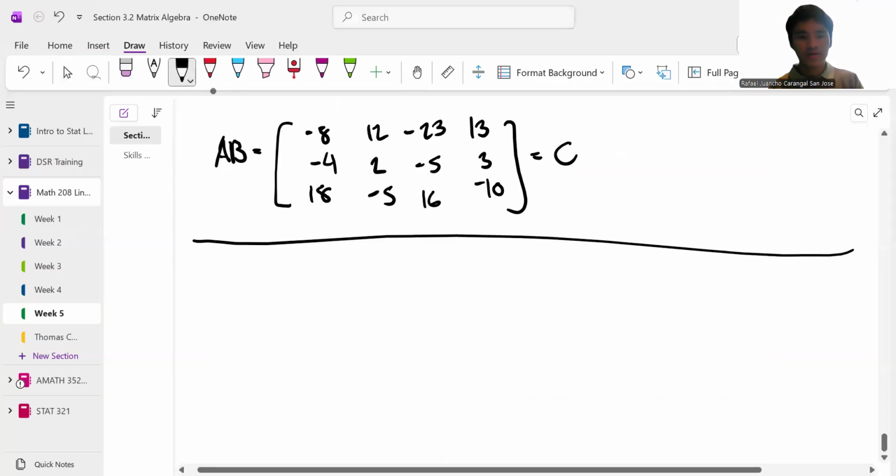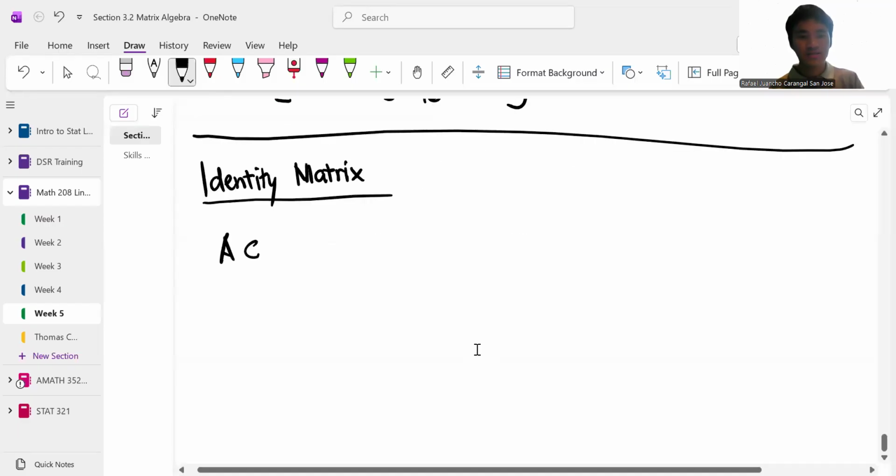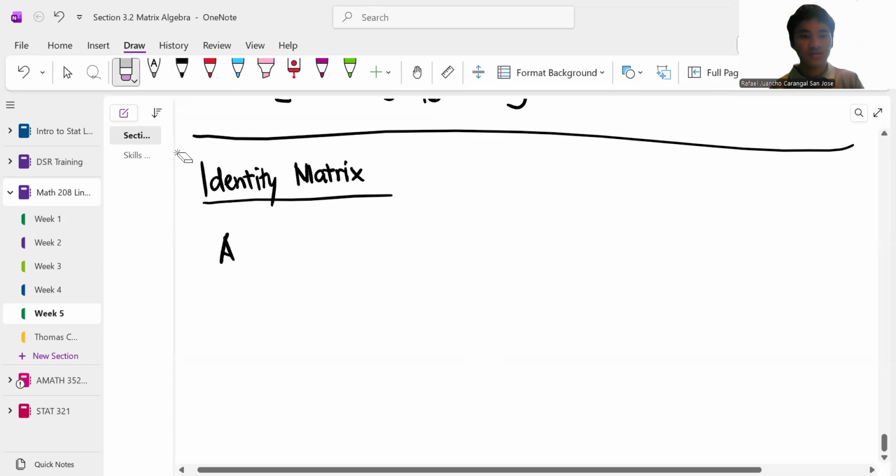Right. Let's talk about the identity matrix. And what in the world is that? So the identity matrix, so let's say A is n by n. Actually, I should have written it like this.